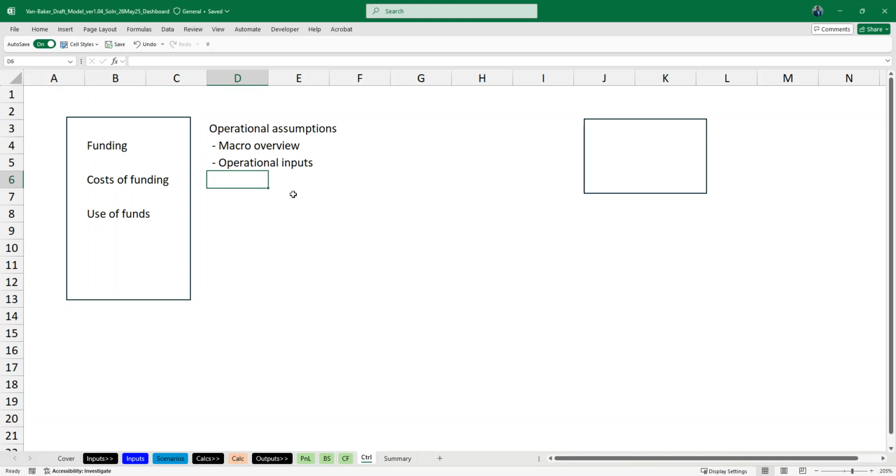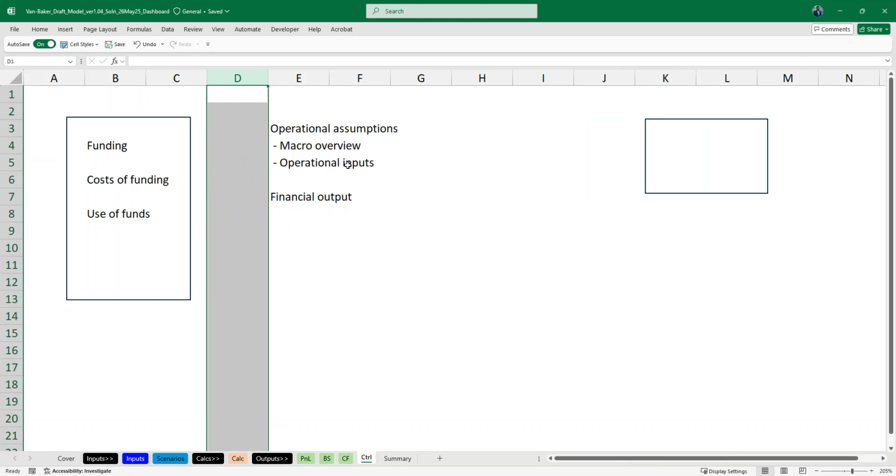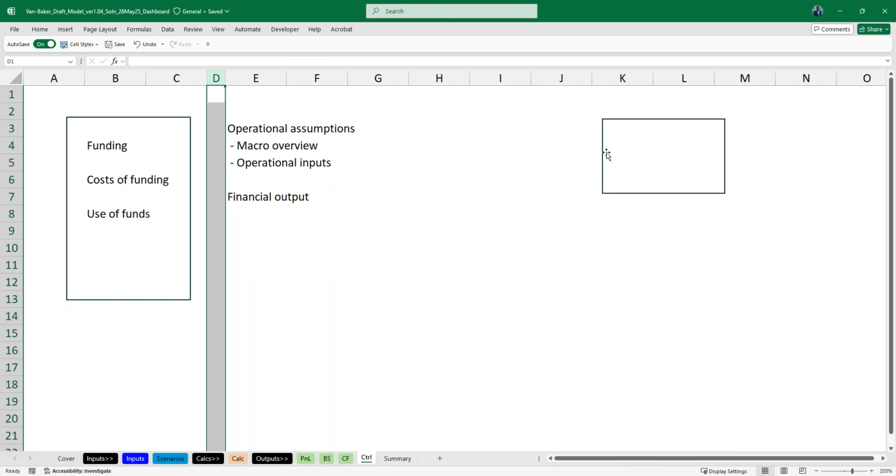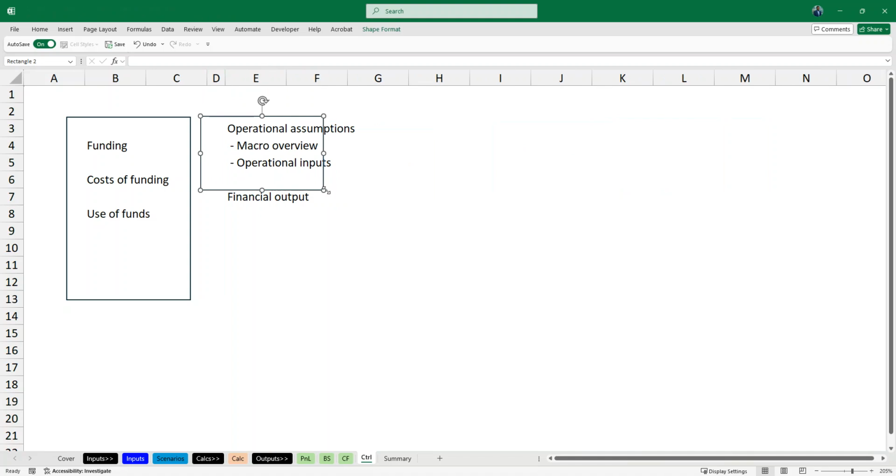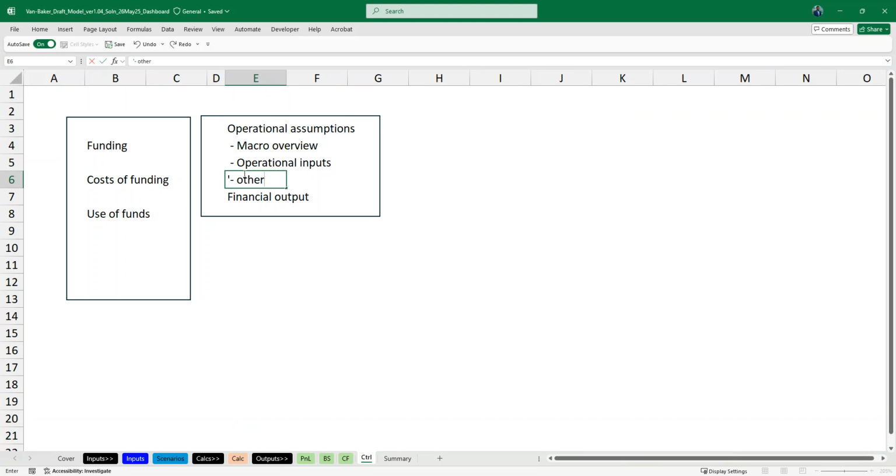Let's limit our operational assumption to these key line items. After that, maybe below it we can have our financial output. As I said, we can be creative, so it's not a must thing. Maybe we can have this as other input. Then here we can have our financial output.